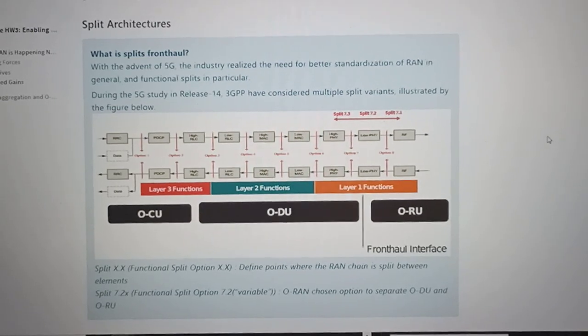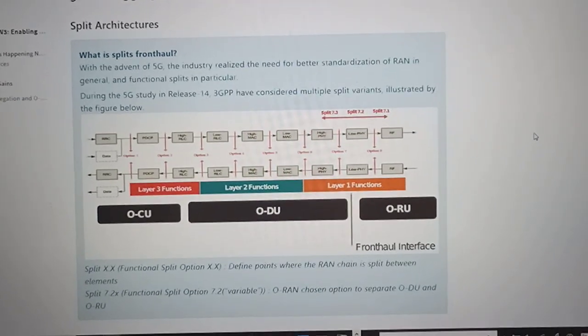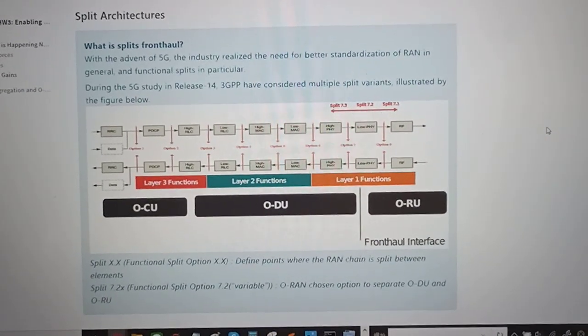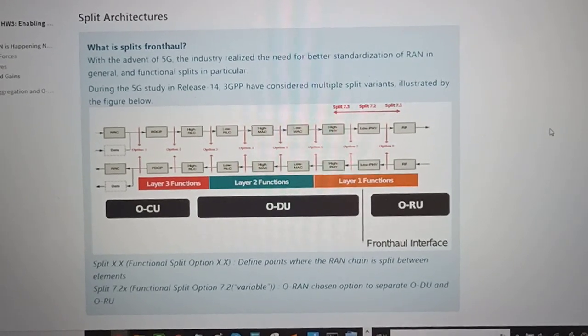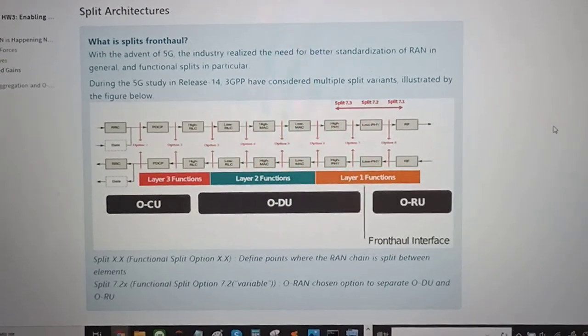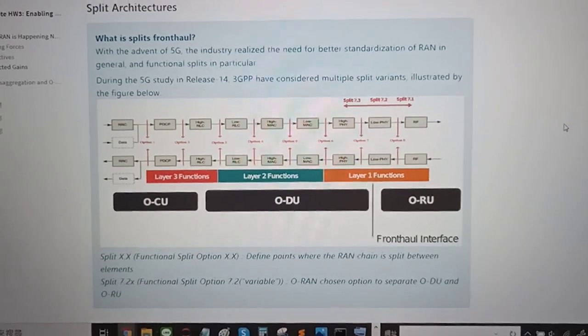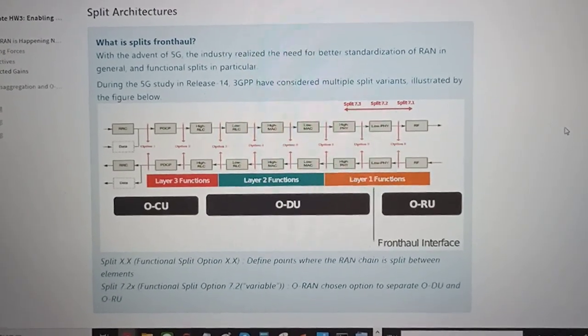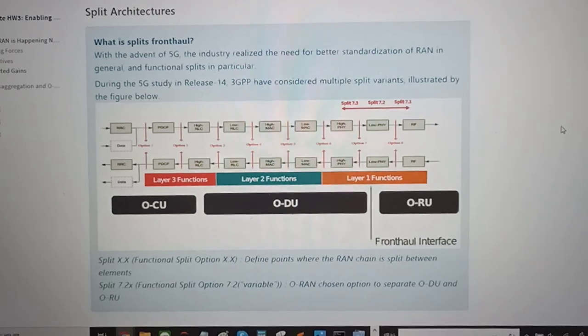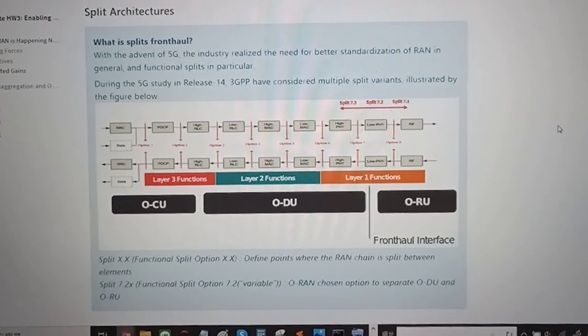So where is the Fronthaul interface? The Fronthaul interface is the split option 7.3 to split 7.1.